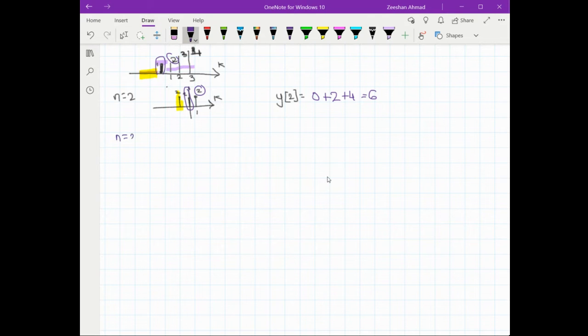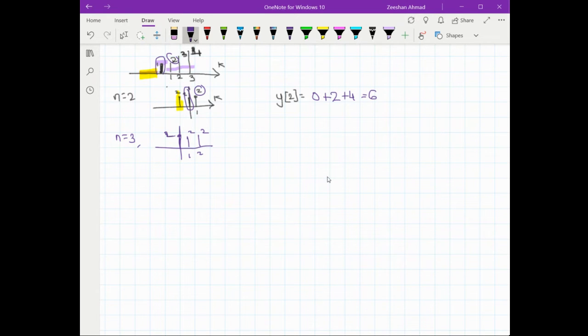Okay, so n equal to 3. Now we will shift this one further, so you can see here the signal will become at 1 and 2. The signal at 1 will come to 2, signal at 0 will come to 1, and signal at -1 will come to 0.